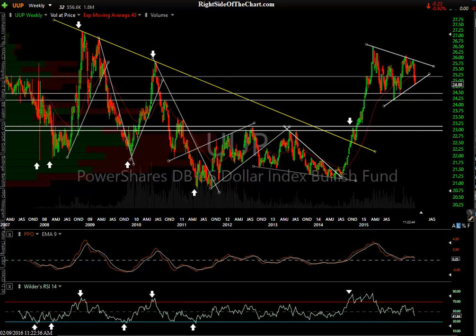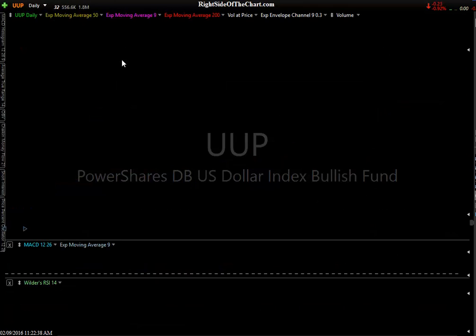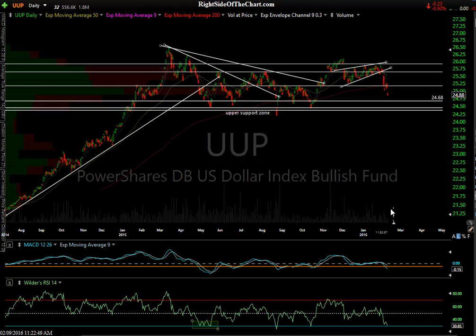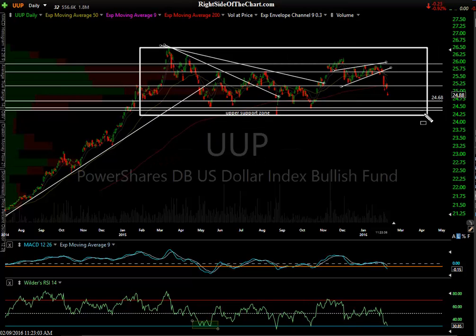And again, that's a weekly chart. So let's start drilling down and take a look at the daily chart of UUP here. Okay, again, looking at UUP, it'll be very similar to the dollar index we were just looking at. So if I boxed it in here, we have that big trading range that we've been in for a while.